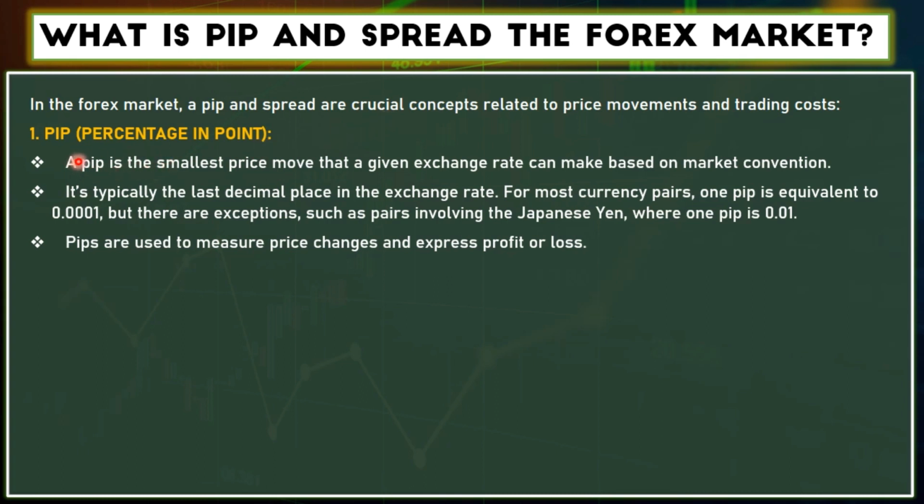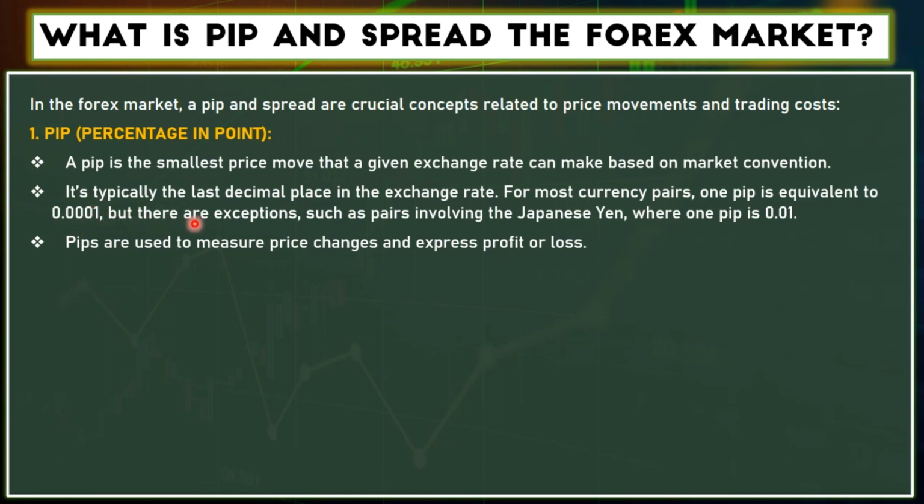That change in price is what we call the pip. It's typically the last decimal place in the exchange rate. For most currency pairs, one pip is equivalent to 0.0001.